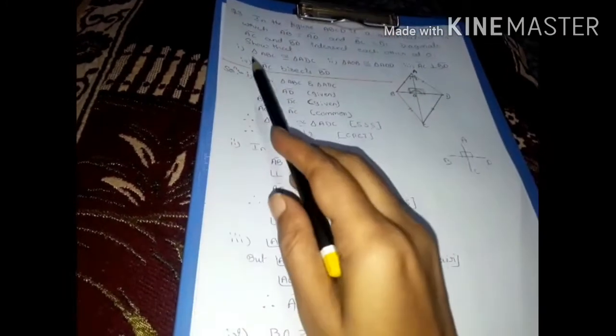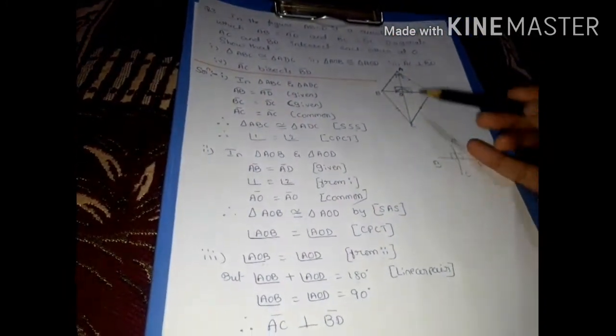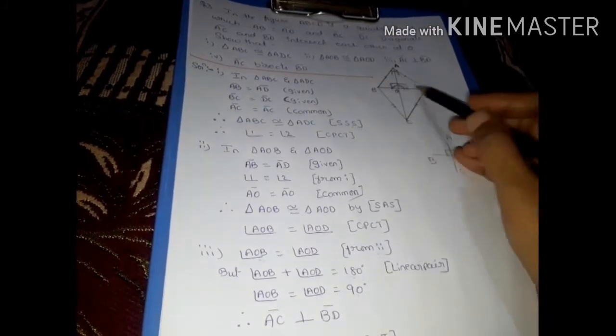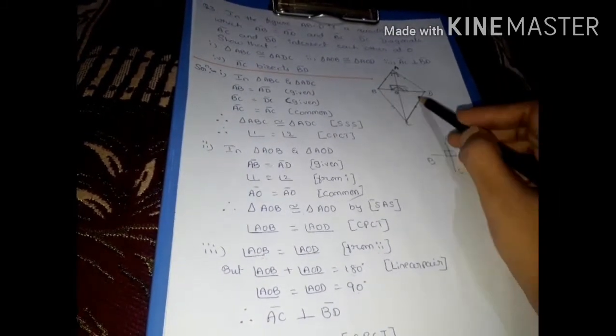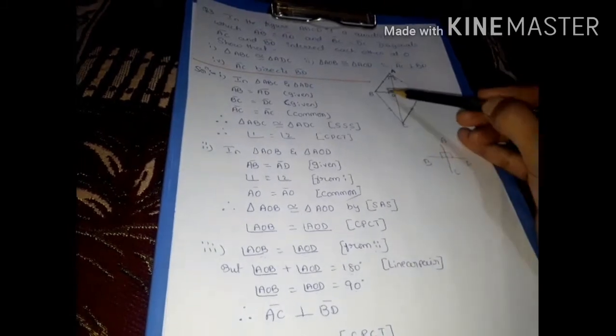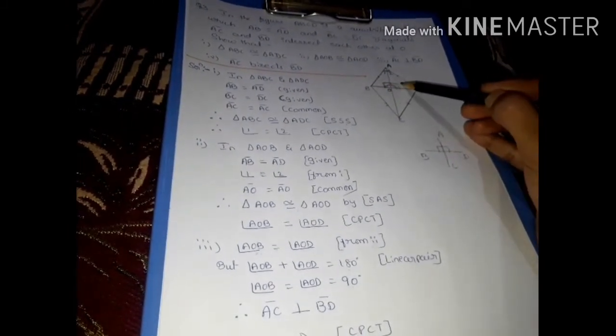Last one, you have to show AC bisects BD. The line AC is not only perpendicular, it also bisects BD, meaning it makes two equal parts. Here we proved these two triangles are congruent.